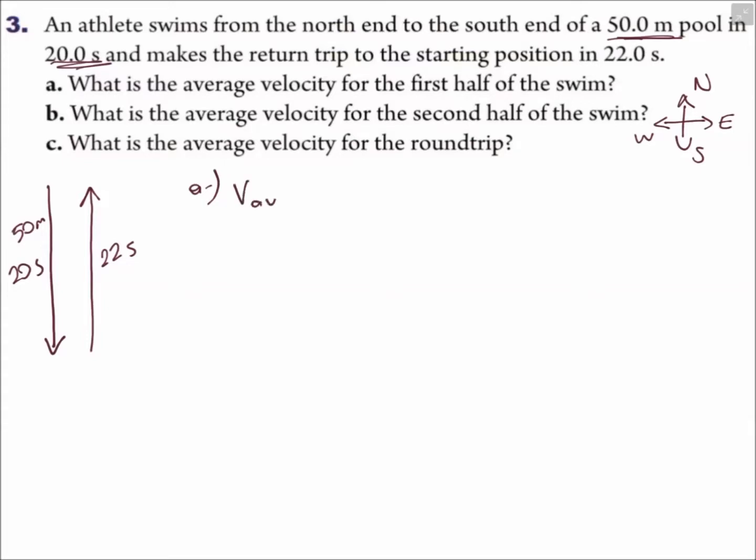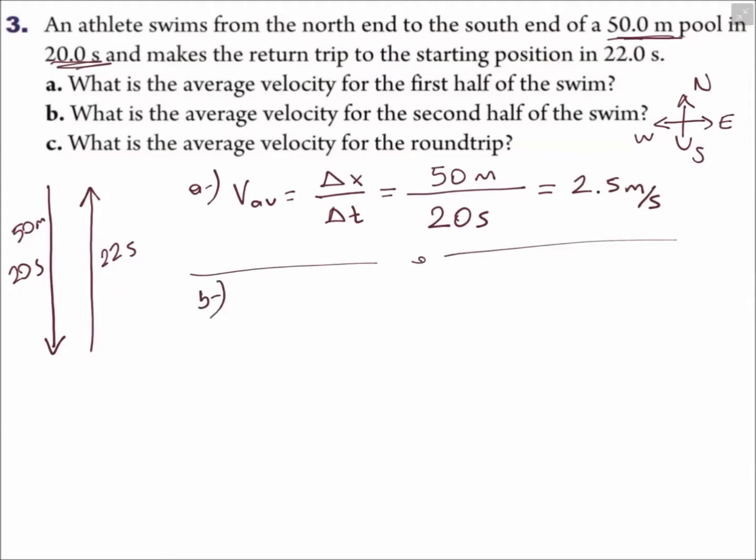The average velocity formula equals delta x over delta t, so for the first half delta x is 50 meters and the time given is 20 seconds, so it's going to be 2.5 meters per second.